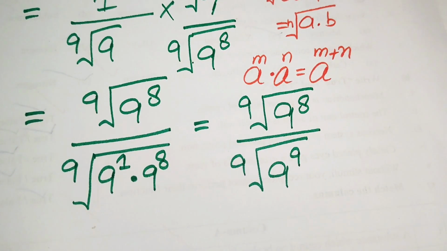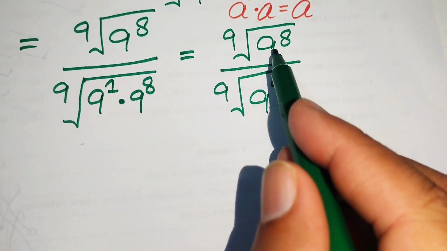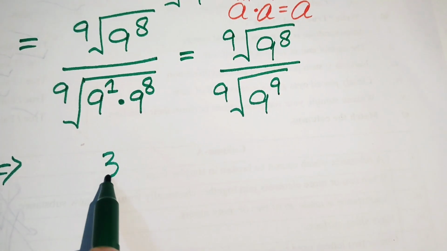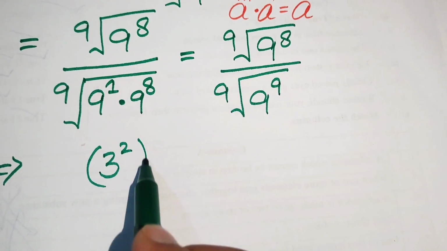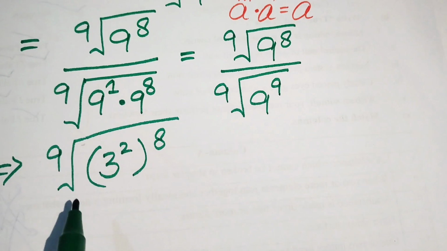And after this step here we need to expand this 9. We write 9 as 3 square and its whole power 8 and its ninth root.